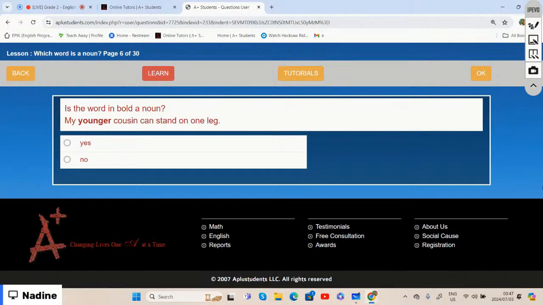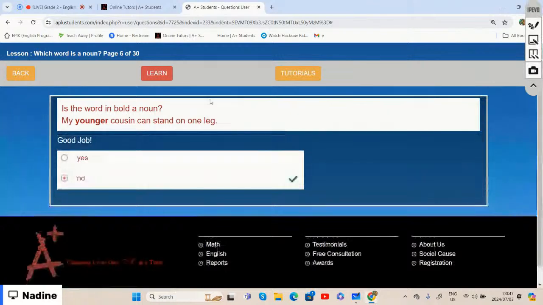And we can say younger is not a noun because younger describes our noun, right? Because it's not just any cousin, but it is our younger cousin.